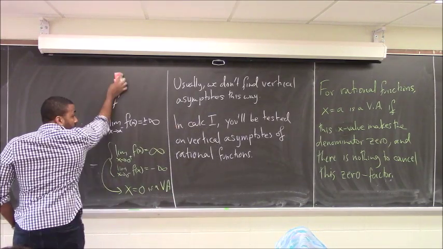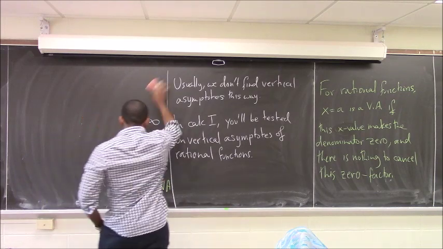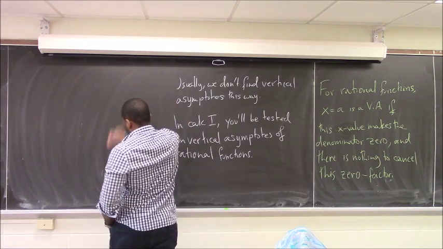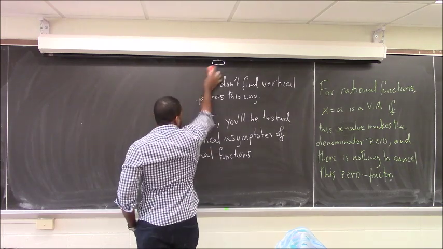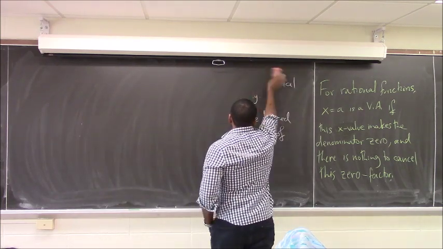So the prime candidates for the vertical asymptote will be the x values that make the denominator 0. But ever so often, they actually won't give you a vertical asymptote because you can kind of cancel them away.